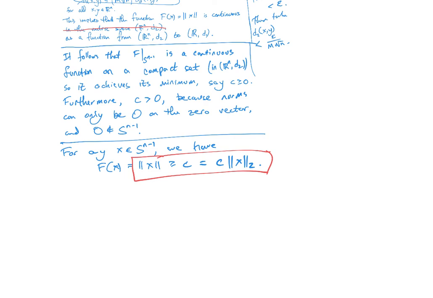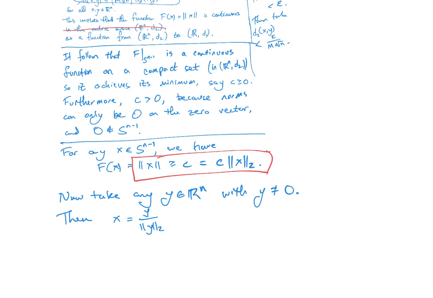So now take any y, but we don't want it to be 0. If we define x to be y divided by its 2 norm, that's on the unit sphere.